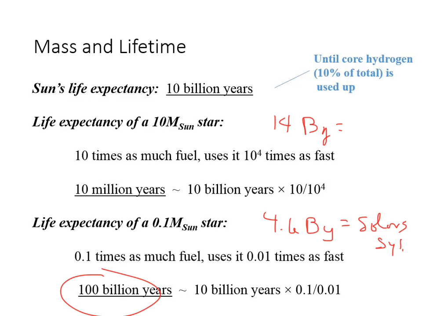That is actually the age of our universe. So if our universe is 14 billion years, and these light stars can live 100 billion years, you see where I'm going with this? Basically, there are light stars that have been ticking ever since the beginning of our universe. I think that's pretty cool.